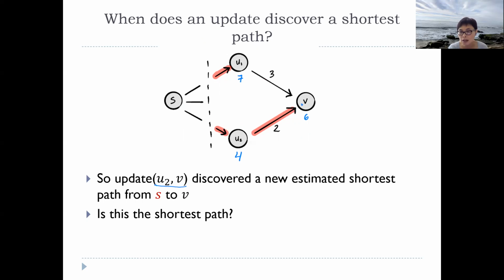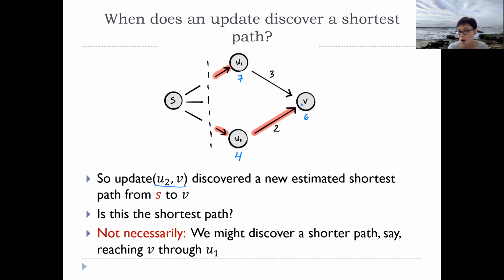Well, not necessarily. It's just the best that we've found so far. Later, as you continue to perform update and explore, you may find even better ones. Maybe later we discover yet another shorter path going from S to U1 and then to V again. So this is not necessarily the shortest path yet.